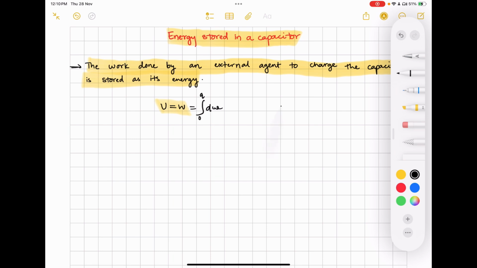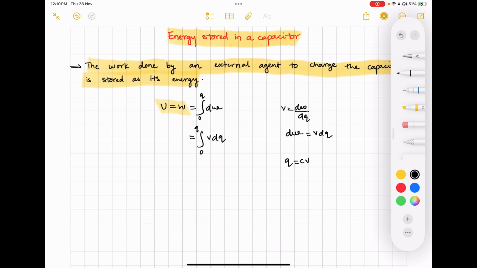We know that V is equal to dW by dQ, and we can write dW is equal to V dQ. Substituting, we get integral 0 to Q V dQ. We have Q is equal to CV for a capacitor, where Q is the charge, C is the capacitance, and V is the potential across the capacitor.